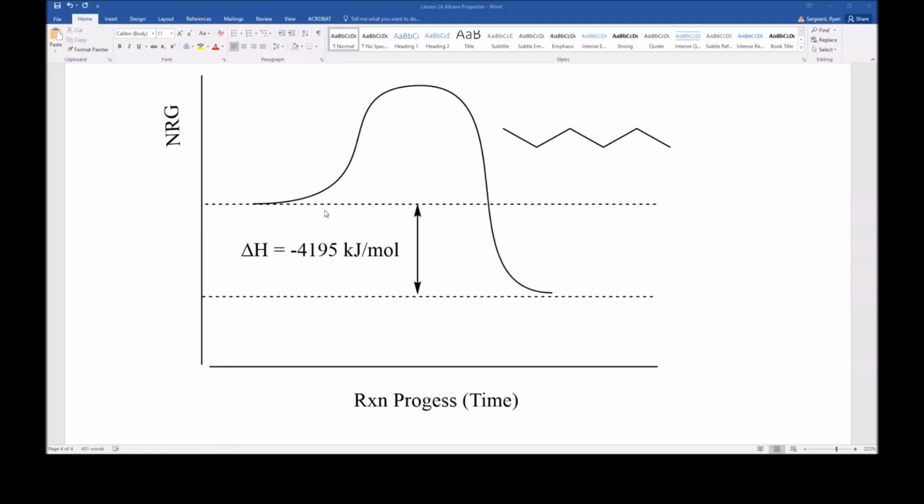So 2-methylpentane would start here. If you had two branches on there, like 2,2-dimethylbutane, it would start even lower. And the more branches you introduce, the further and further down in energy your starting point goes, resulting in a lower delta H value and a more stable compound, but your ending point still ends up being at the same position.